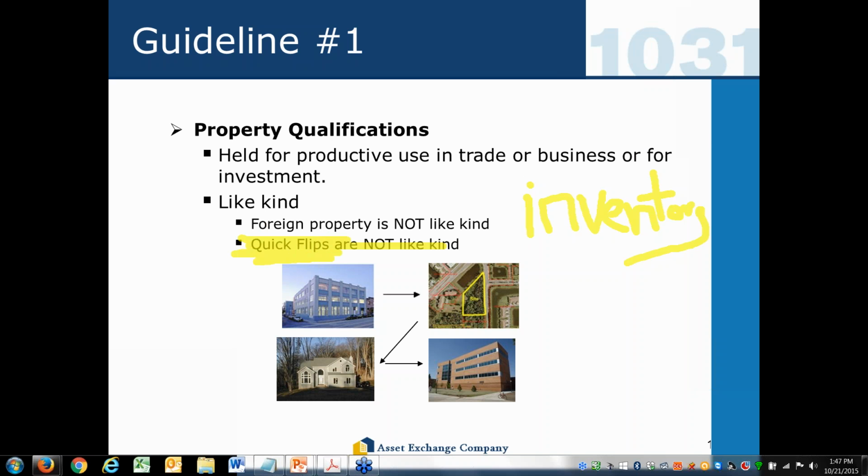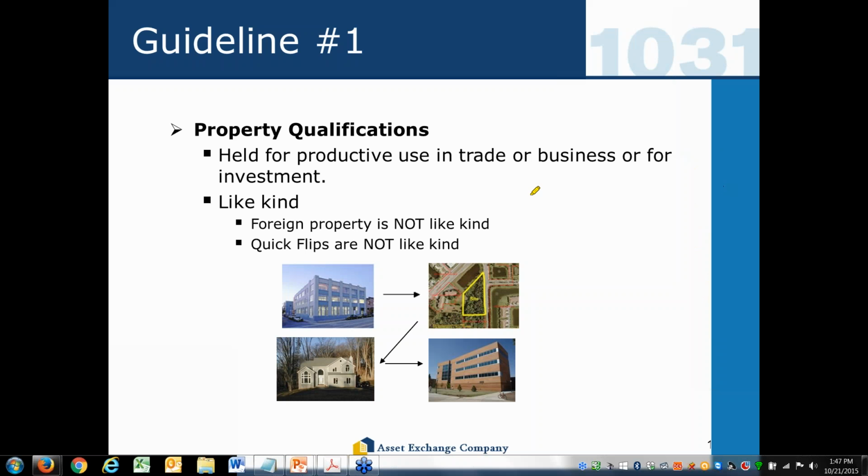Now, the government also considers development projects inventory. You buy a piece of land, you build a building on it, and then you sell it. Well, that was inventory, and that also is prohibited from being exchanged.